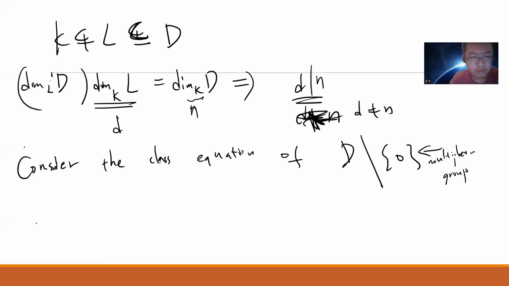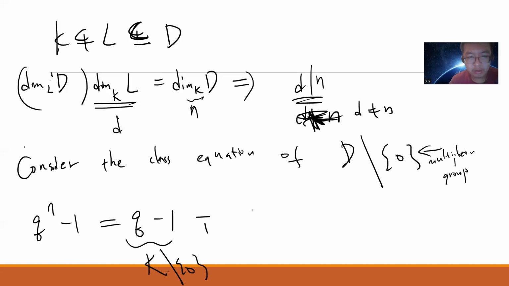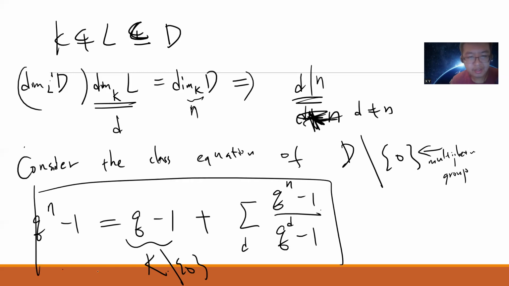So this guy has Q to the N minus 1 elements. Q minus 1 corresponds to the centralizer, right? So this is K. And also some other things, right? Some other possible D or some other different classes, right? So you have Q to the D minus 1 and Q to the N minus 1. Okay, so this is the class equation for this multiplicative group.